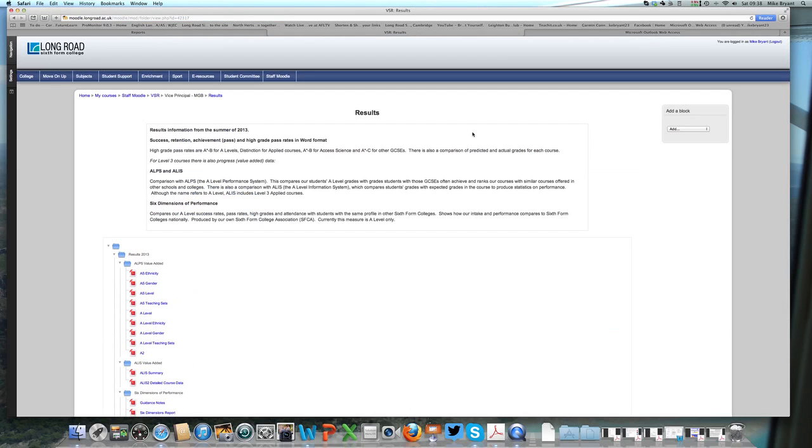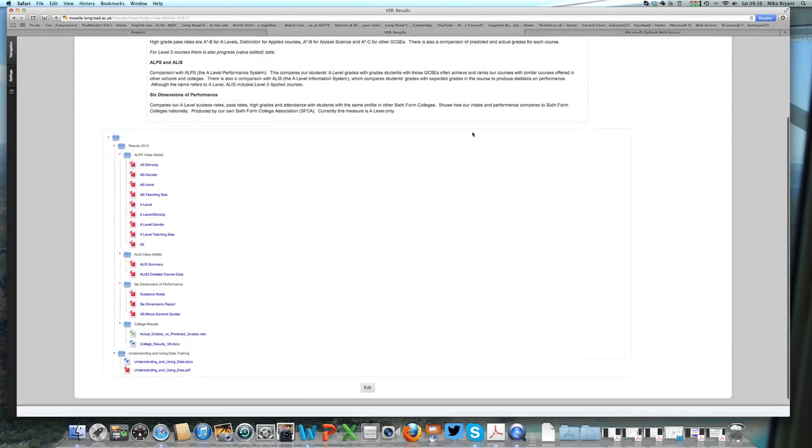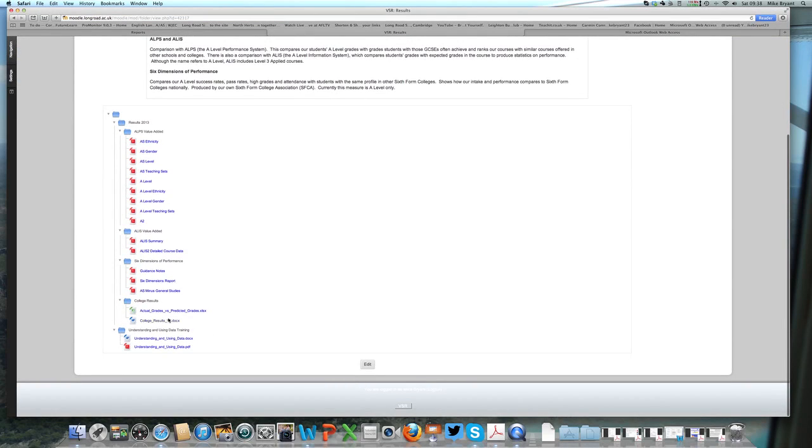And this is all the end of course data that we had in 2013, and you'll see that in the college results section there's a Word document which gives the success rate, breakdowns of the success rate for each course. But there's also value added information about how much progress students have made based on their GCSE scores and expected performance. And that's all collected here.